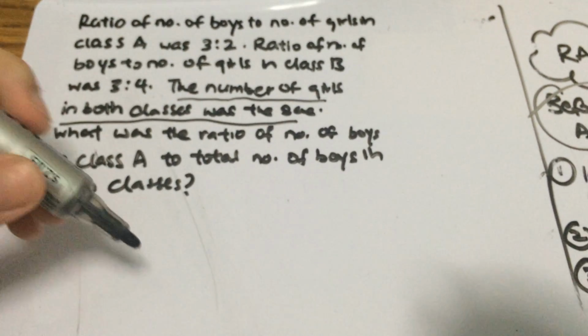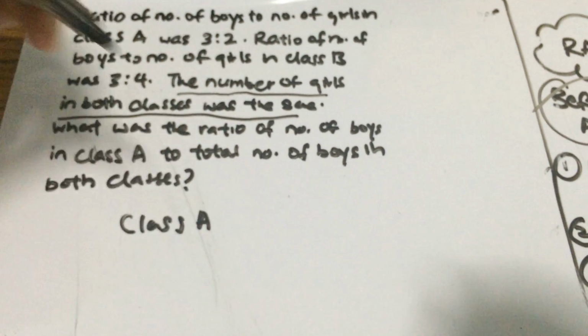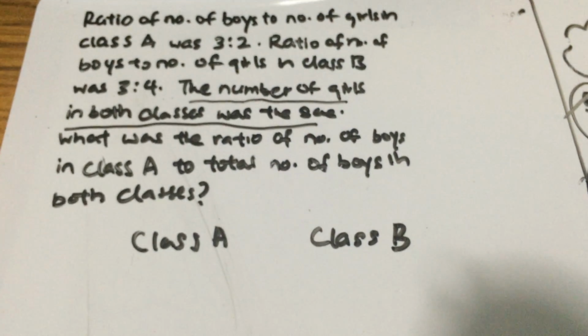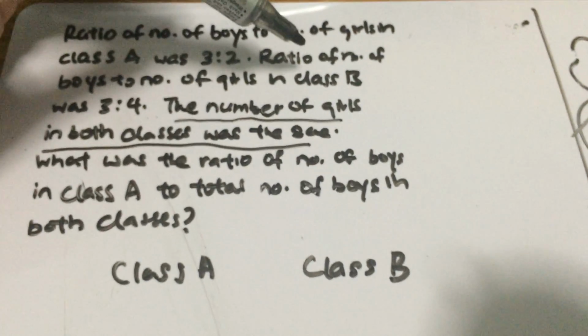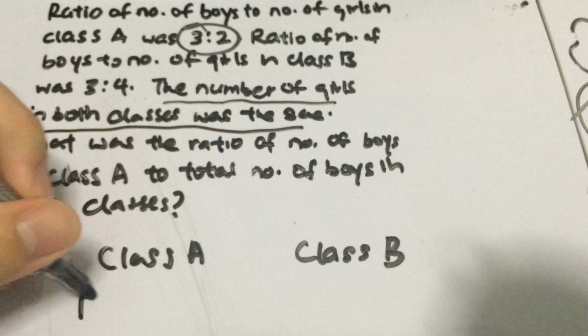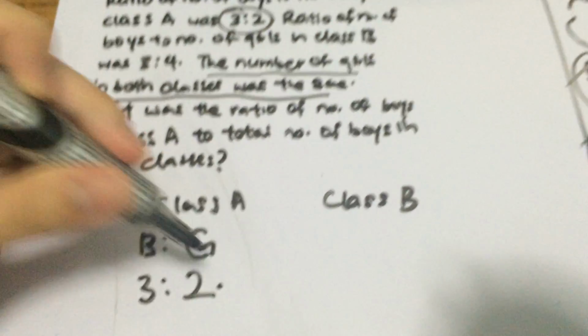First, we write down the ratio of class A and class B. The ratio of the number of boys to the number of girls in class A is 3:2, so we have boys and girls, 3:2.